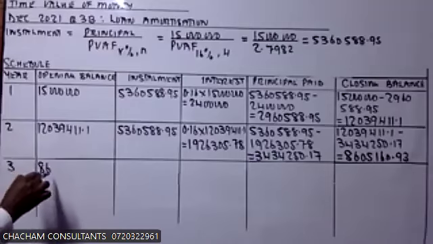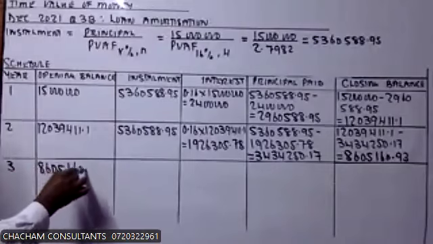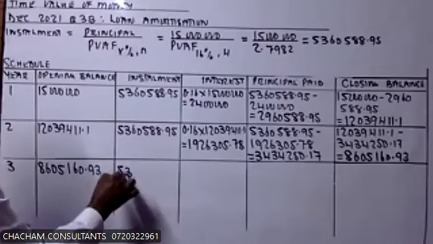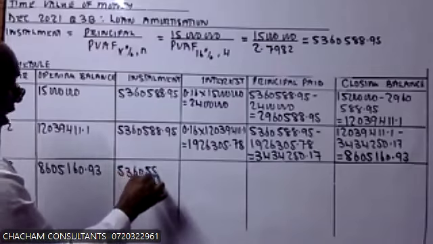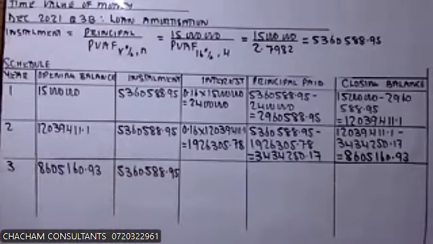So now here we have 8,605,160.93. The installment remains 5,360,588.95. So now we have understood the rhythm.